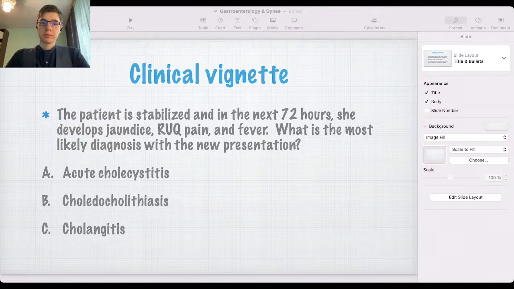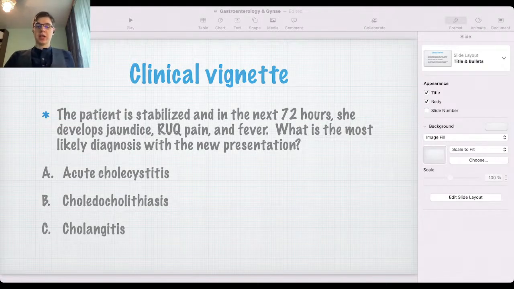Okay. Someone said Charcot's triad. It's true. We have jaundice, right upper quadrant pain, and fever. Talha, tells us that the answer is cholangitis.